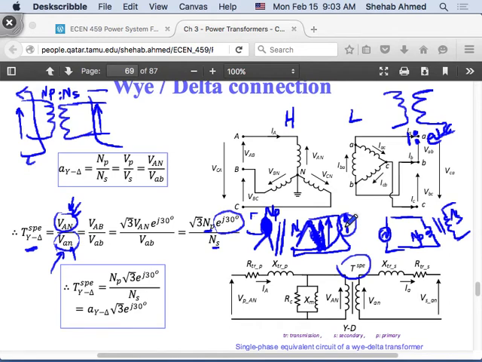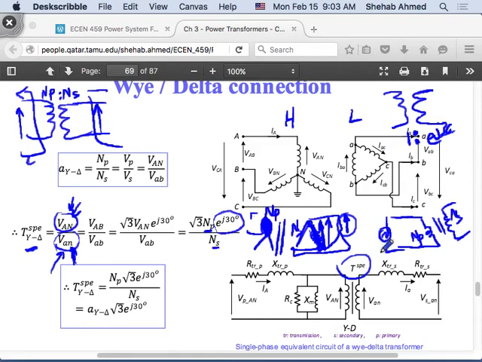Does it make sense? So basically now I want to take this voltage, that is my line-to-line voltage on the delta, and apply it to an imaginary star, and see what's the corresponding phase voltage of the star. Because that is what I need to draw my single phase equivalent circuit.